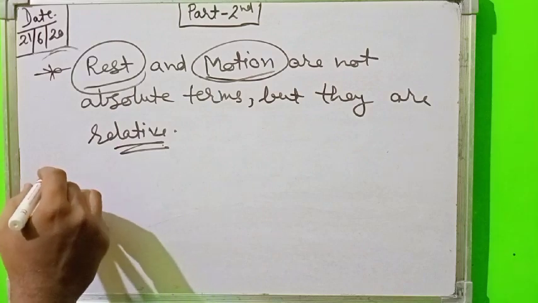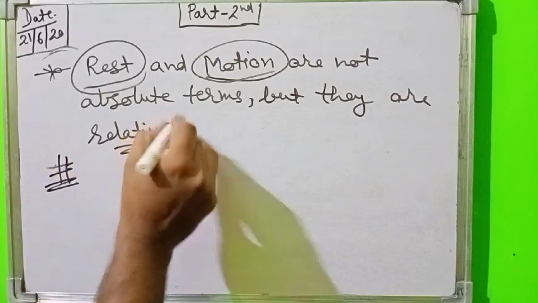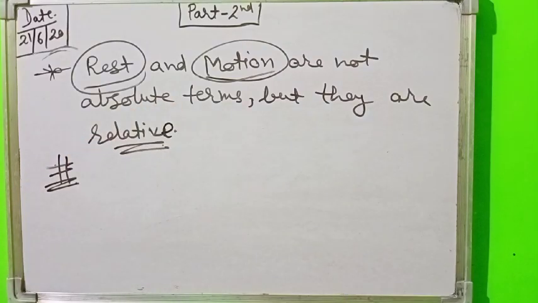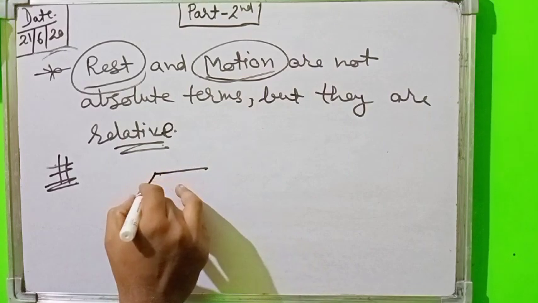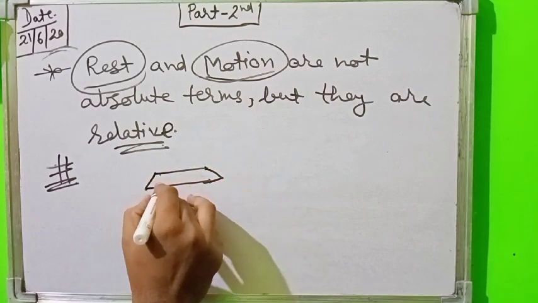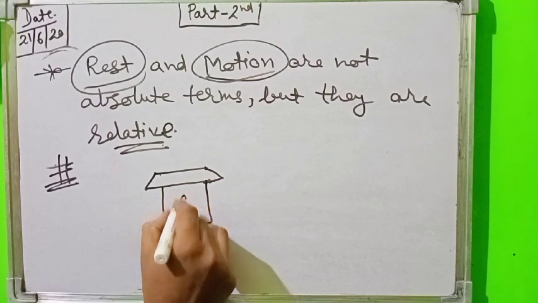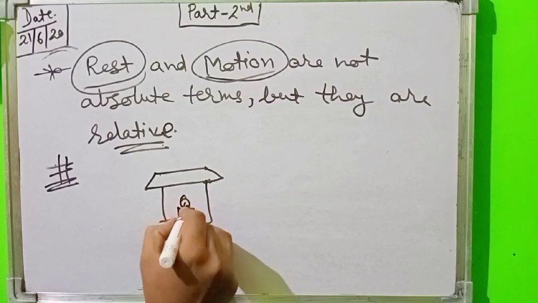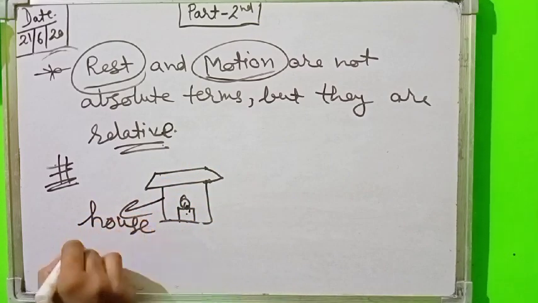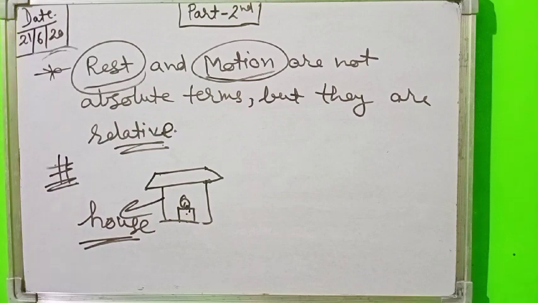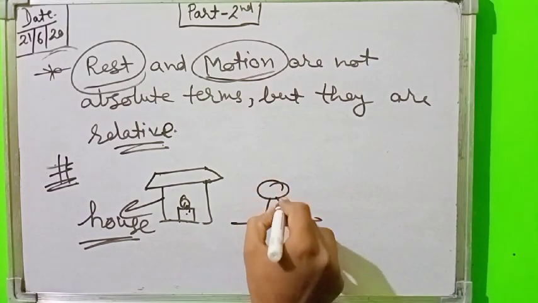Suppose I am taking an example to clear this concept. Suppose you are sitting in your house. This is your house and you are sitting in your house. Now I am standing here.